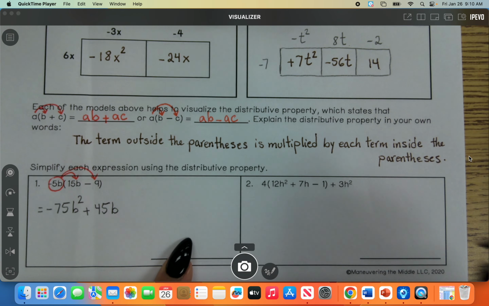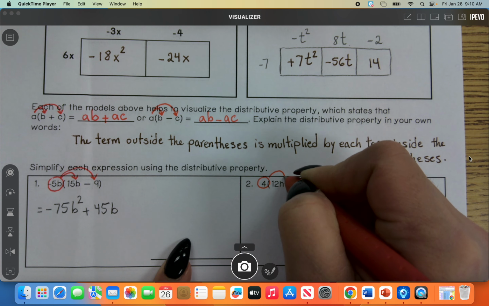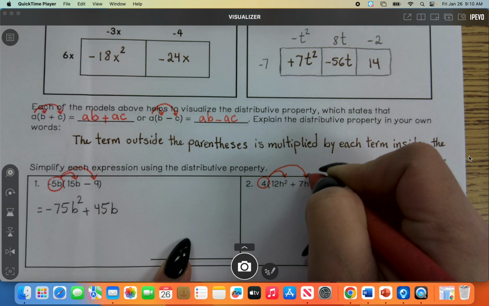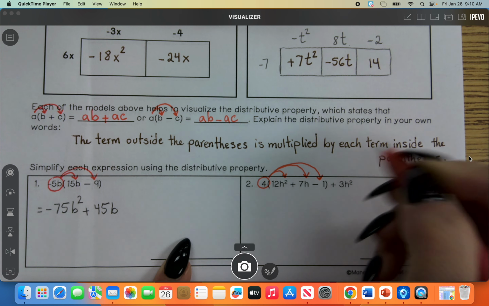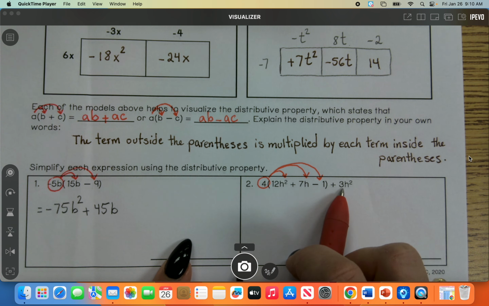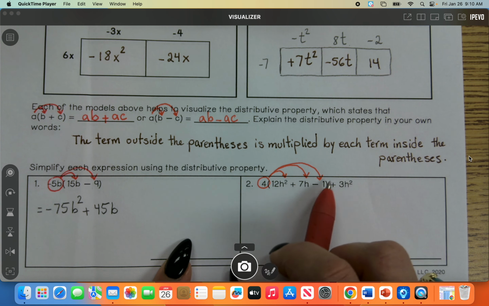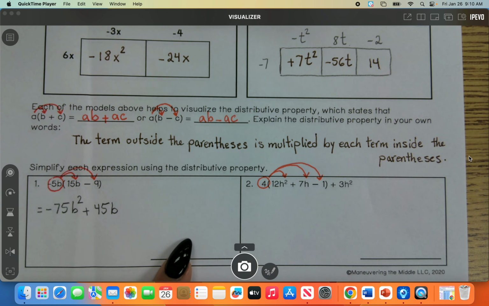Second one, we have this 4 multiplies to every single one of these terms inside of this parenthesis. Do we multiply that to 3h squared? No, because it's outside of the parenthesis and it's not multiplied to that. That's a separate monomial.